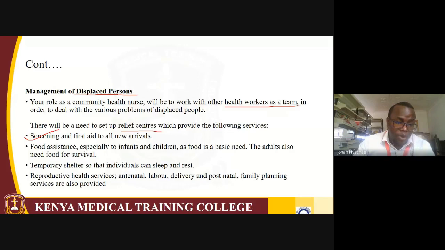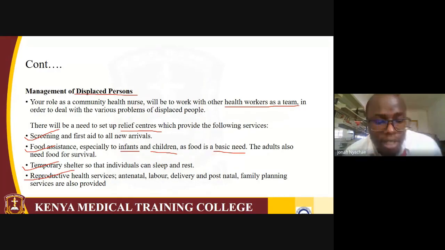You can offer food assistance, especially to infants and children, as food is a basic need. You can also organize temporary shelter so that individuals can sleep and rest, and also reproductive health services.